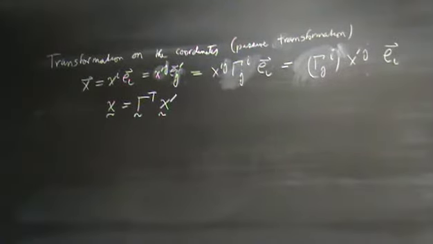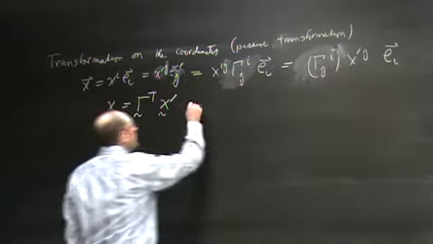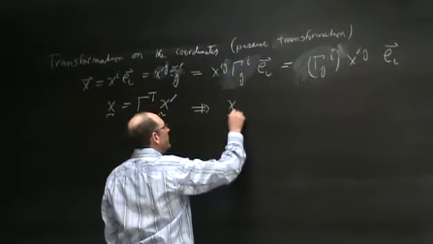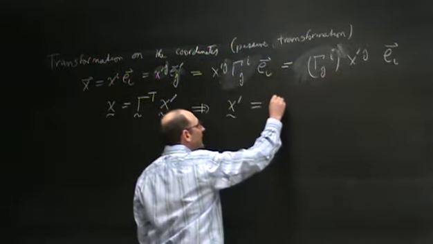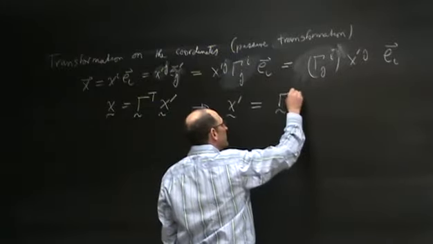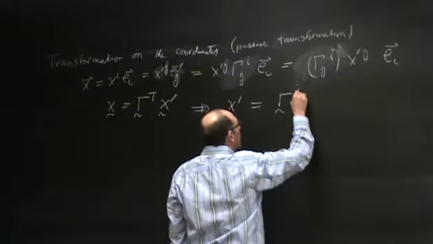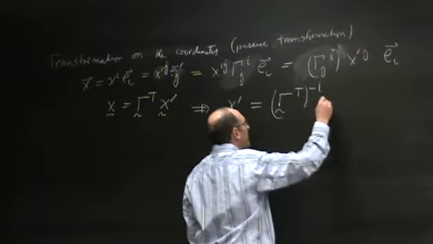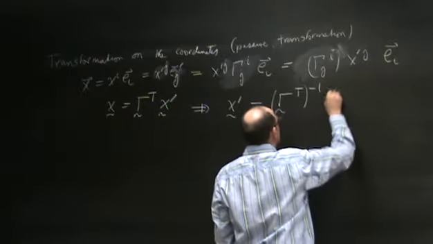So what we've learned is that the new coordinates are related to the old coordinates by the inverse of the transpose of that matrix.